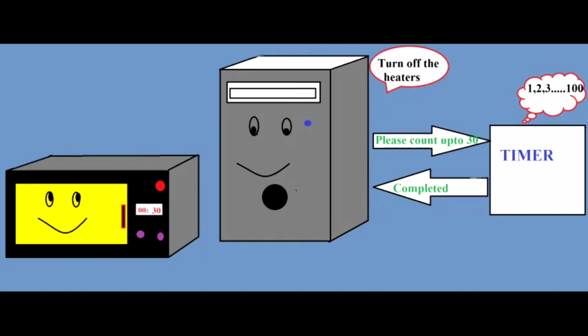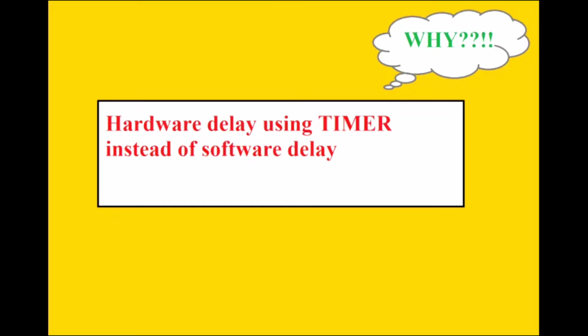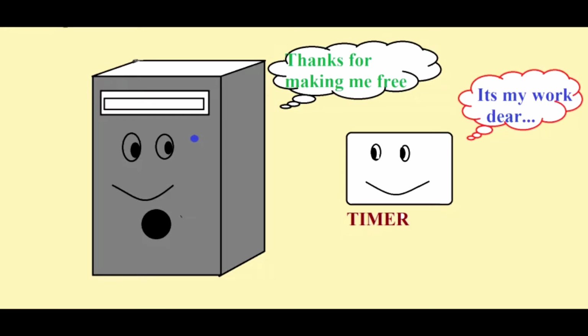So here one question arises: why do we not use a software delay, that is, providing the delay in our program, and reduce the cost as well as the power supply for this extra chip? But here comes the main advantage of the timer, that it makes the processor free to perform another task. Suppose we remove the timer from our microwave and put in our food, shut the door and set the time for 30 seconds.